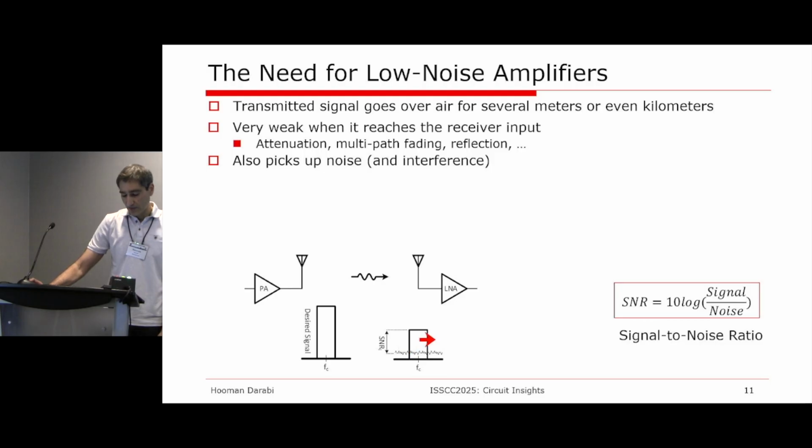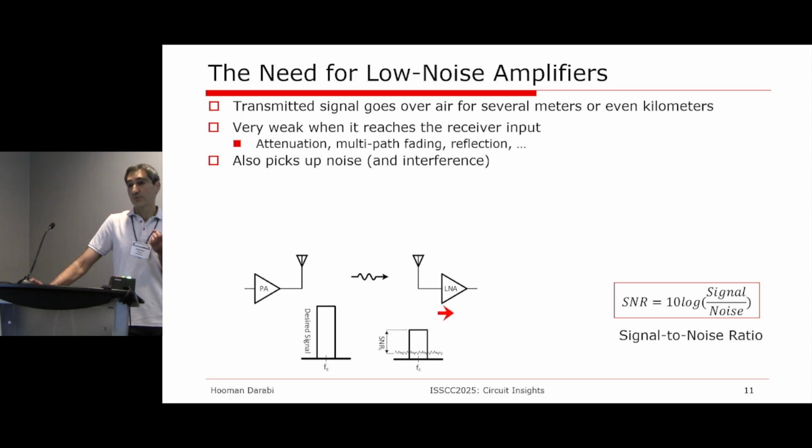So at the receiver input, effectively you have a source which has a small signal accompanied by noise, which is usually modeled by a resistor attached to that source. If you look at this in the log domain, the ratio of the signal power to the noise power is known as SNR, or signal to noise ratio. Why SNR_I? Because that's what is coming at the LNA input. I stands for input.